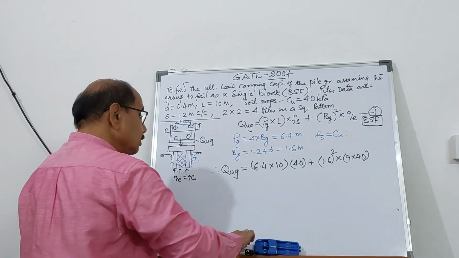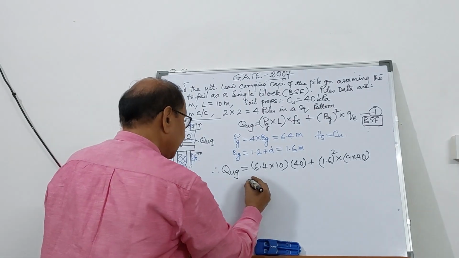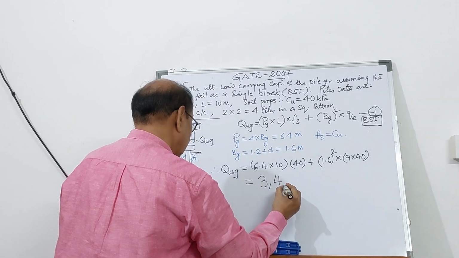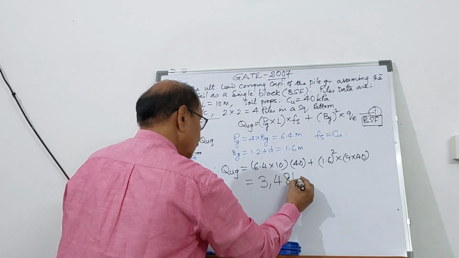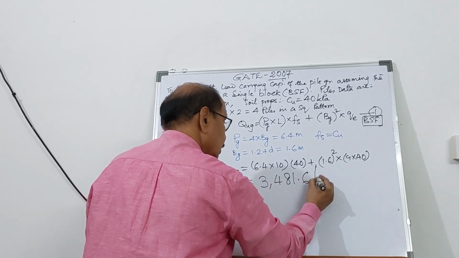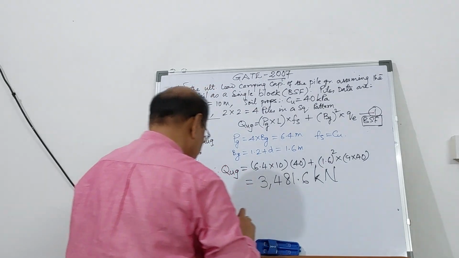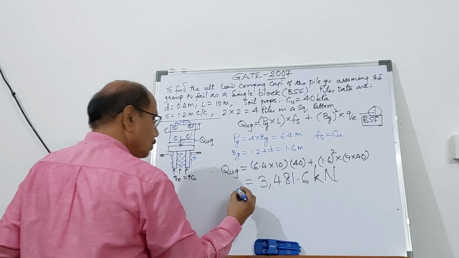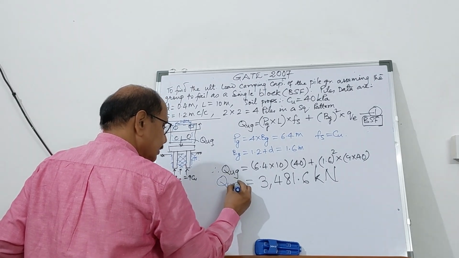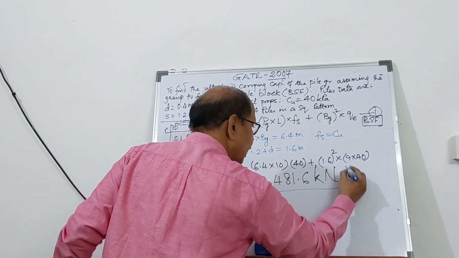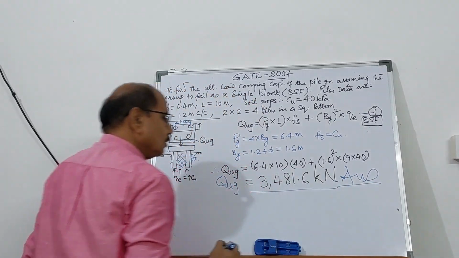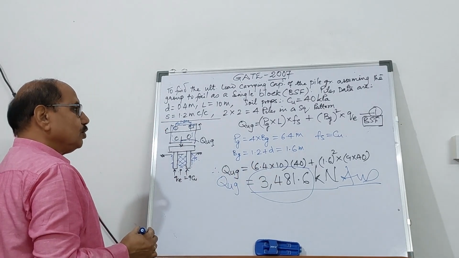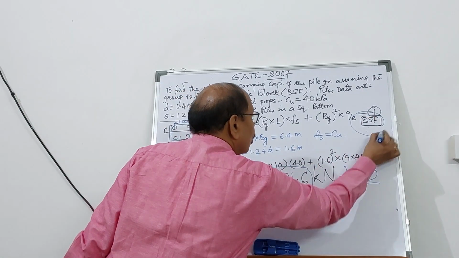This is 3,481.6 kilonewton. So you can see how simple it is. In all problems I find that conceptually, this is the answer. You can calculate very easily the value of QUG based on block shear failure.